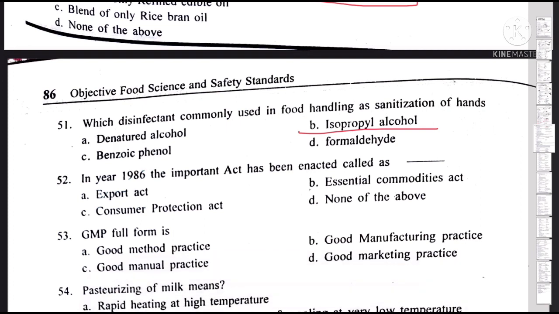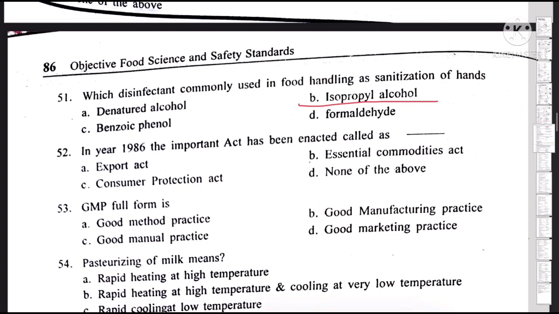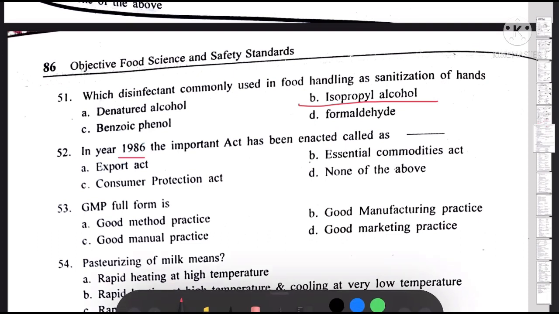Okay, next. In the year 1986, the important act that was enacted is called Export Act, Essential Commodities Act, Consumer Protection Act, or none of the above. So in 1986, the important act that was enacted is called the Consumer Protection Act.